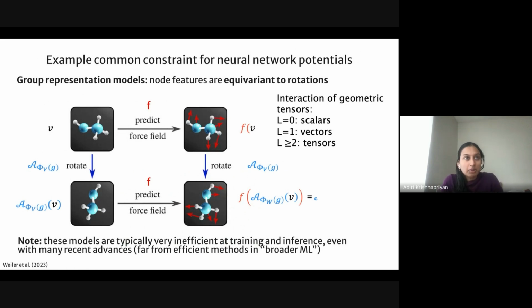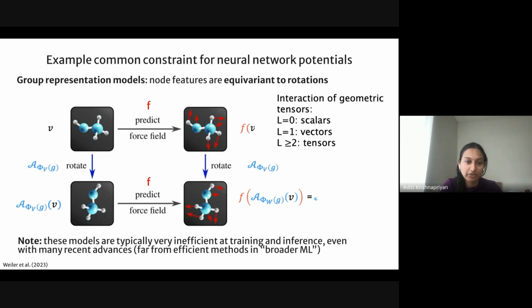As an example of this, a really common and popular constraint in these neural network potentials is rotational equivariance. I think this audience is probably very familiar with this. You have models with node features that are equivariant to rotation.